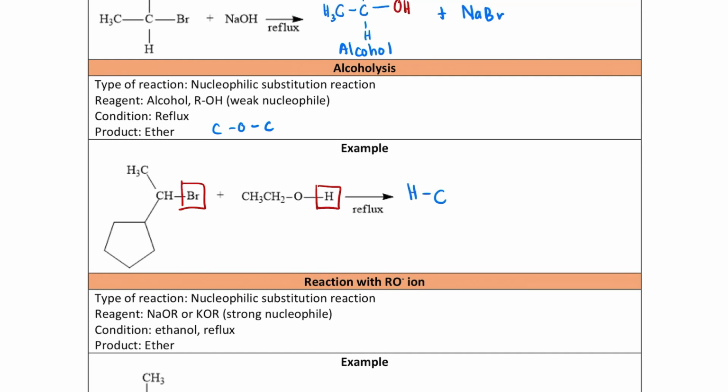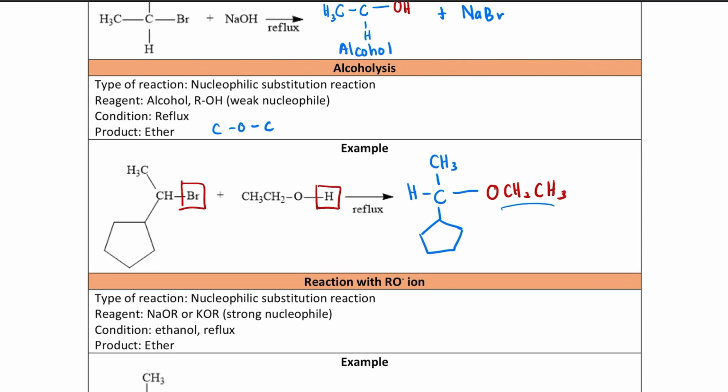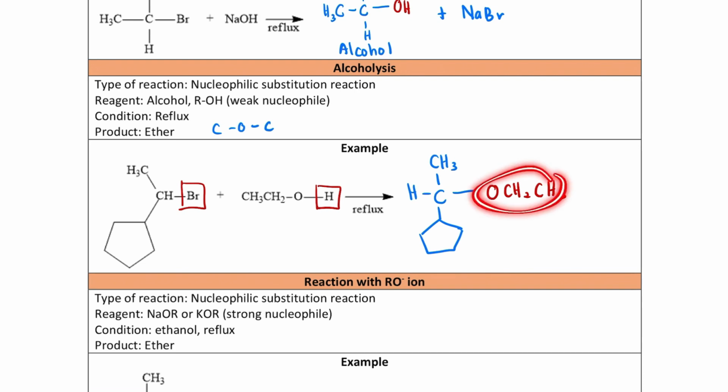So CH, CH3, and then attach to cyclopentane. And then ada something yang dia attach with, and that is OCH2CH3. So yang merah tu datang dari alkohol tu lah.